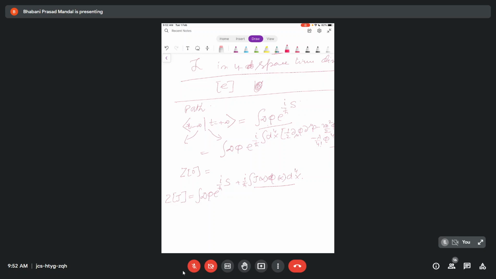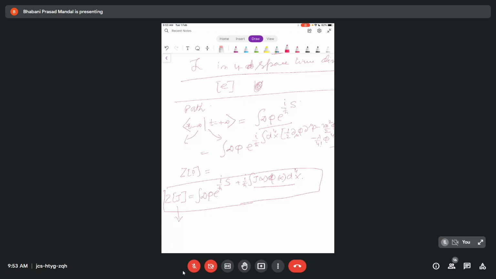So if I introduce that, if you remember the J term I introduced, then it will be called Z of J. When I put J equal to 0, I'll get Z at J equal to 0. This is the quantity we will now handle, and it will generate the propagator. It will generate the 2-point function, 3-point function, 4-point function, etc., which will be useful to study our field theory.